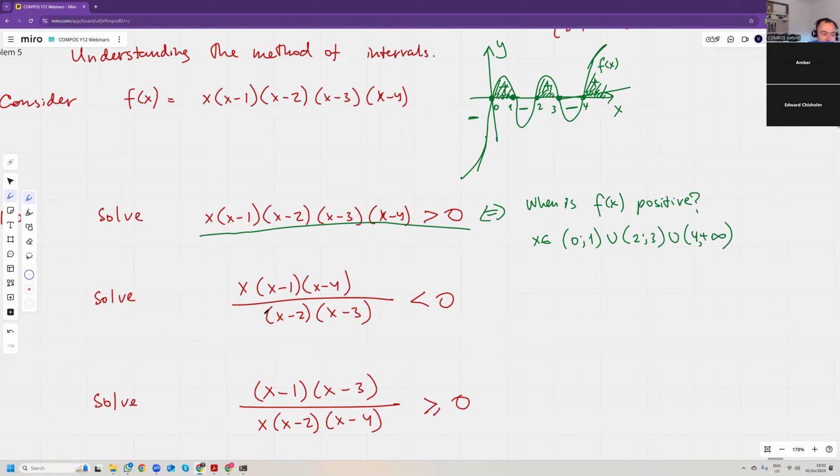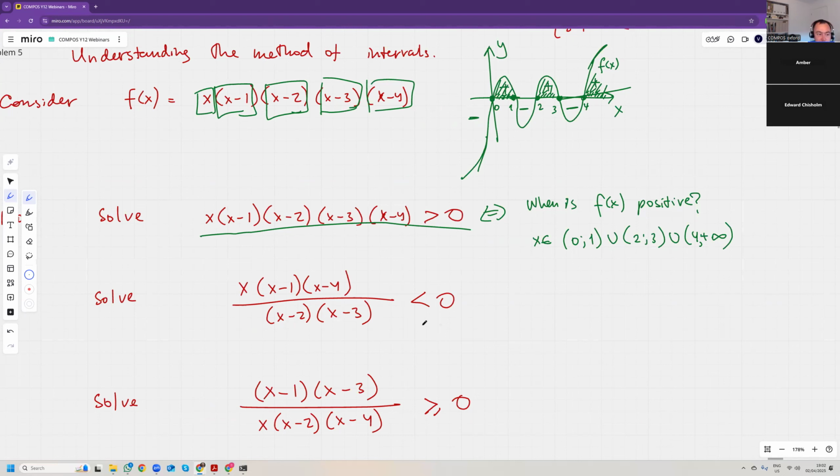Now, if you look at this function, it doesn't make much difference because it has the same building blocks. So these brackets are the same. And you can imagine that if this function is positive, that also means that this function is positive.